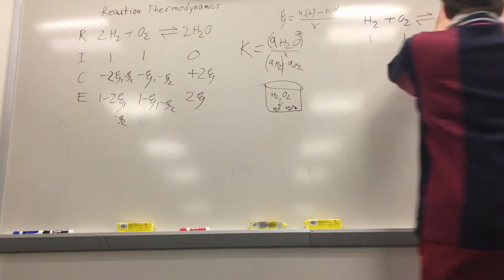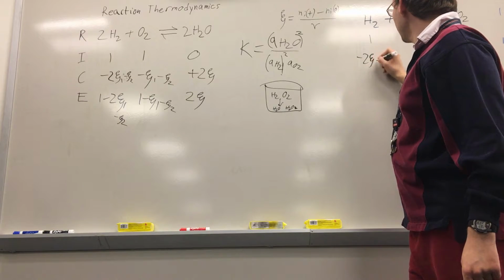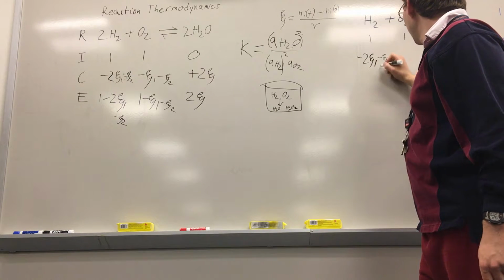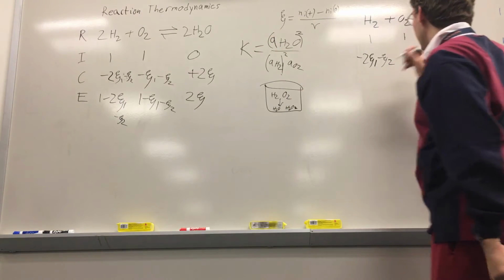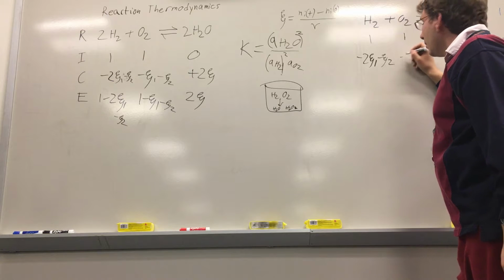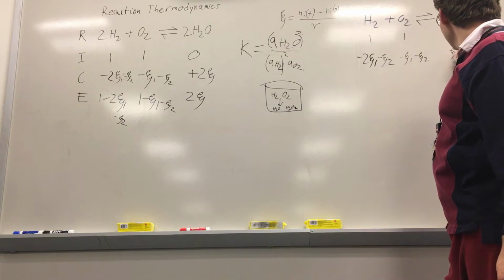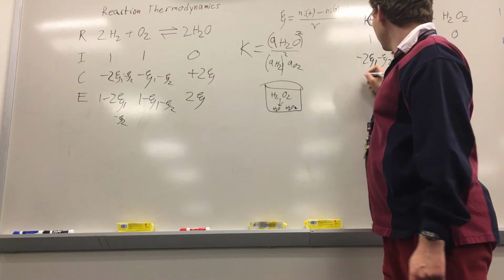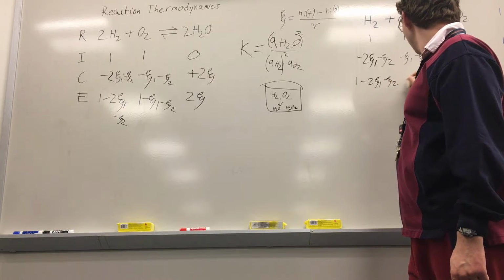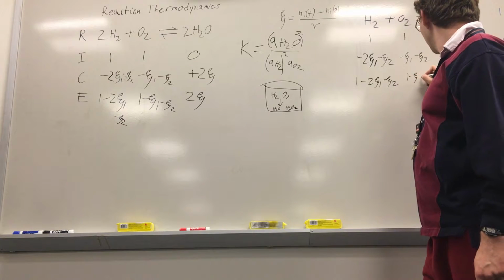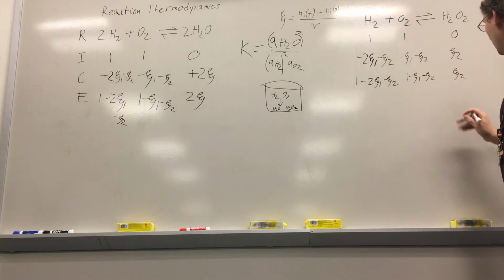And you'll find that nothing changes here either. So basically, since we're using the same reactants, the oxygen and hydrogen equations of both reactions are going to be the same. Okay, so now we have that.